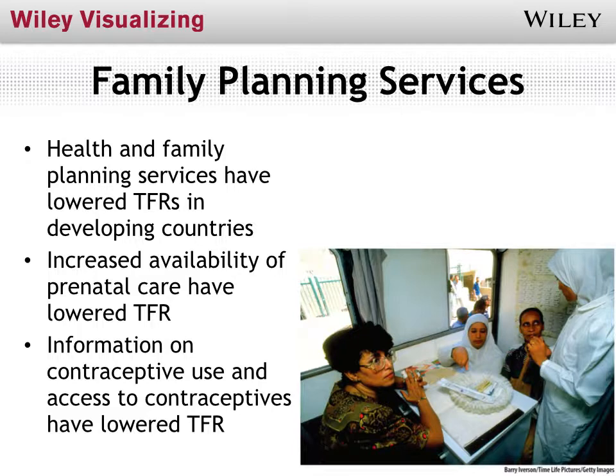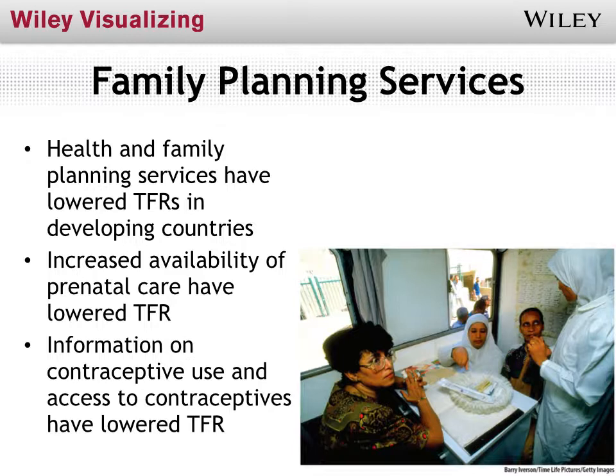Just the access to family planning is a huge factor in lowering total fertility rates. Increasing the availability of prenatal care, being able to take care of babies, give them the immunizations, and teach the parents how to take care of their children, lowers total fertility rate.